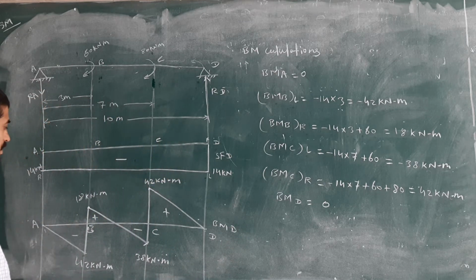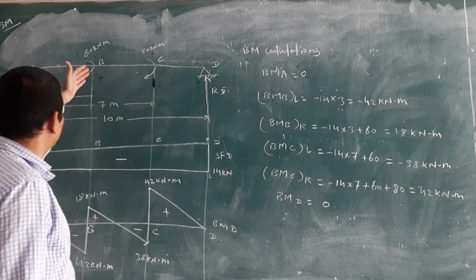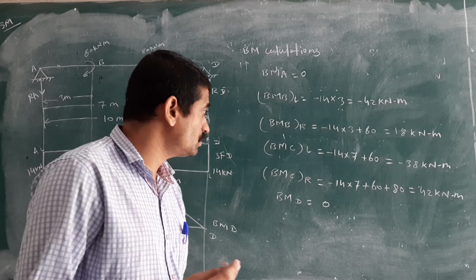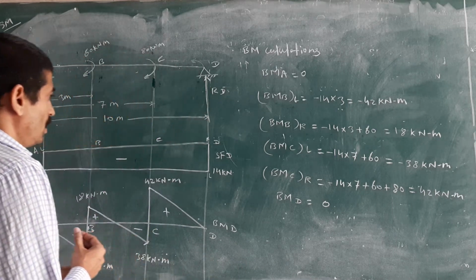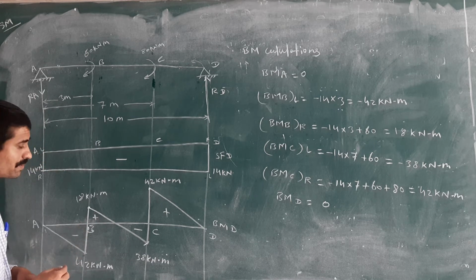All of you are getting how to draw the SF and BM for the given couple. Then, point of contraflexure. What is the meaning of point of contraflexure?